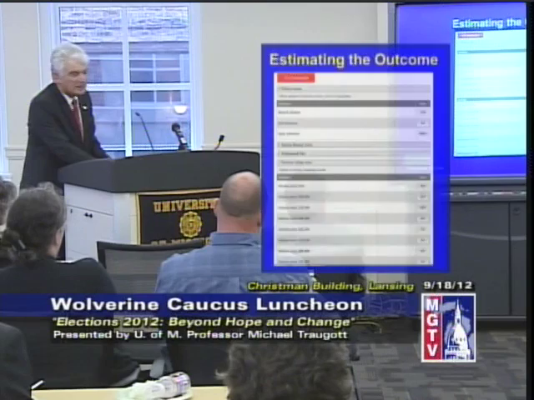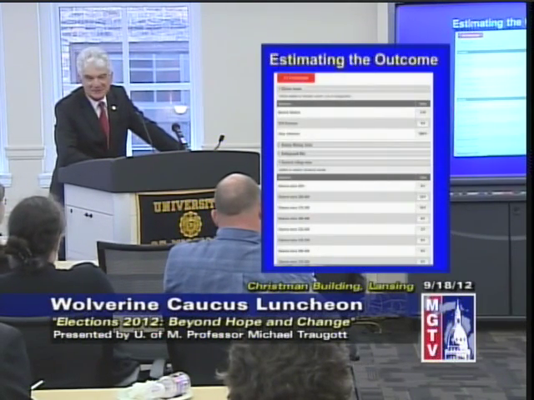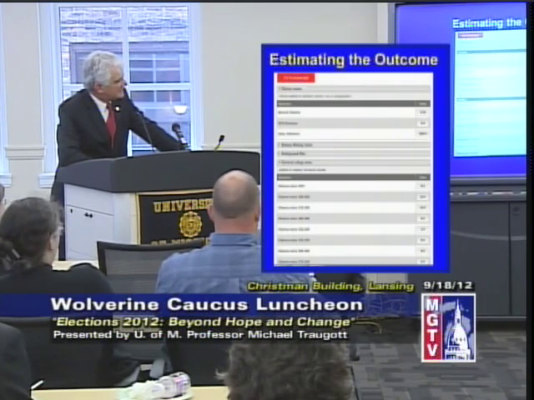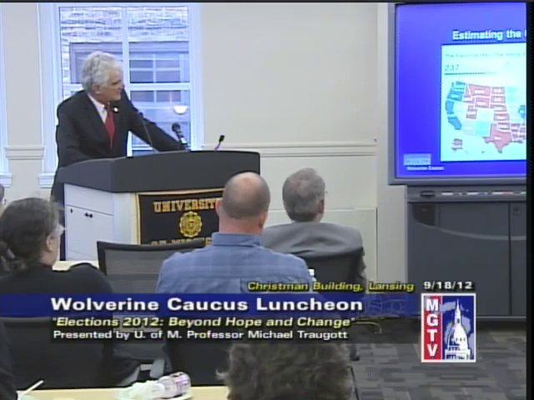These are odds at Ladbrokes. If you wanted to go to London or go on the web, you could bet on the odds, and the odds are almost 2.5 to 1 on Obama winning.